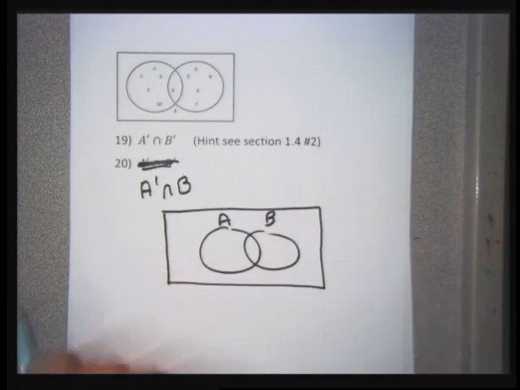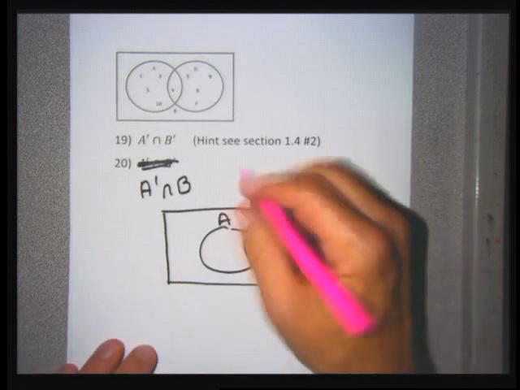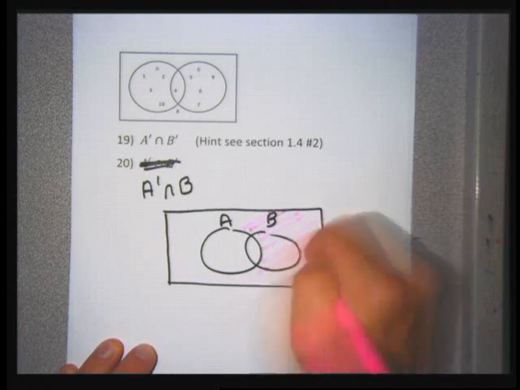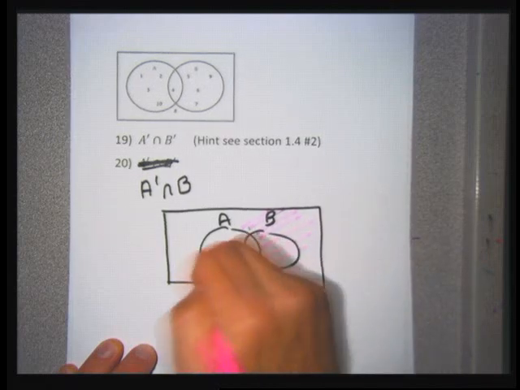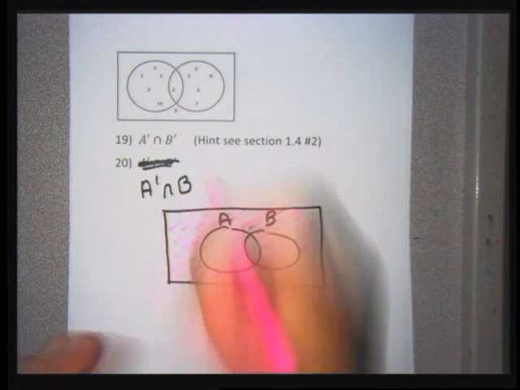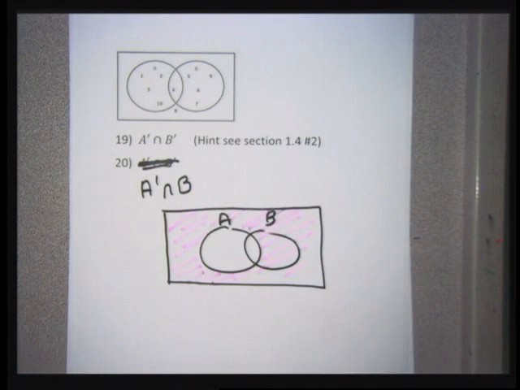First I'm going to shade A prime. A prime is anything outside the A circle. Then I'm going to shade B. When I do intersections, I do 2 colors.